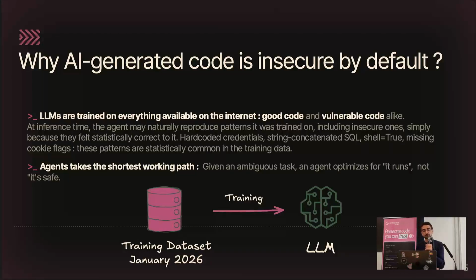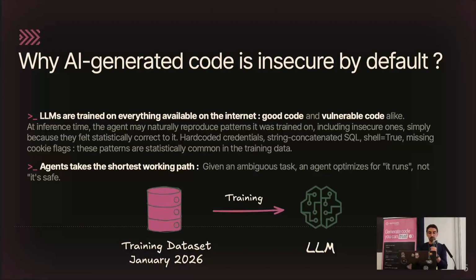And now I'm going to talk more about why AI-generated code is actually insecure by default. As you know, LLMs are trained on everything available on the internet, which means good code and bad code alike. So at inference time, the agent will naturally reproduce patterns it was trained on, including insecure ones, simply because it felt like a statistically correct way to do it.